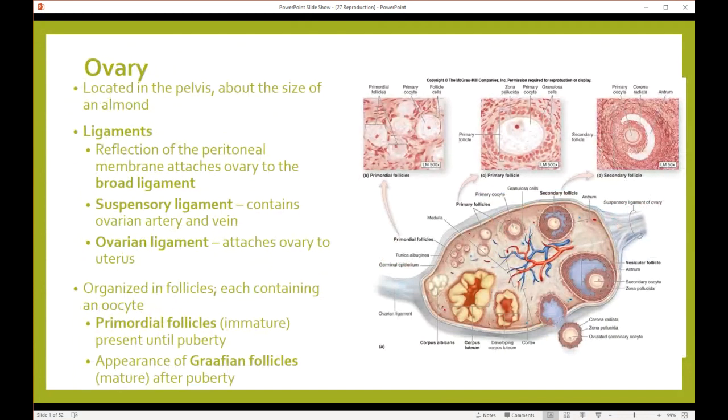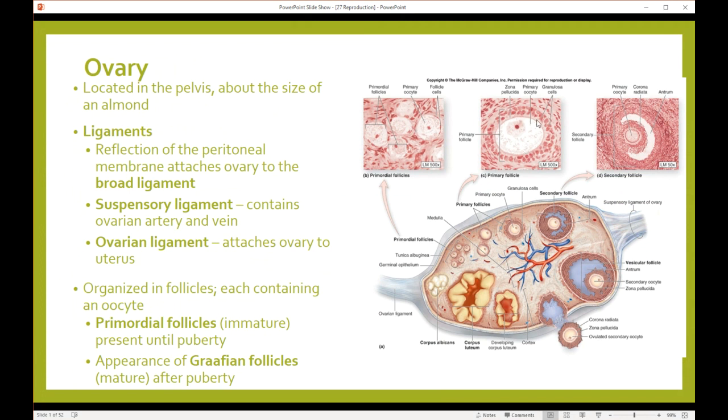Ovaries are located in the pelvis again, and they're about the size of an almond. They have different ligaments. So we have that broad ligament, we have a suspensory ligament, and then we have the ovarian ligament. And they're organized within follicles. Each contains an oocyte. We have what are called primordial follicles. These primordial follicles are immature, and we have these until puberty.